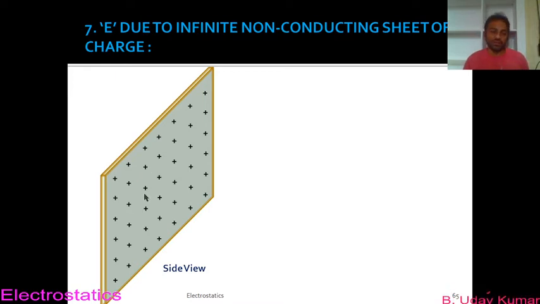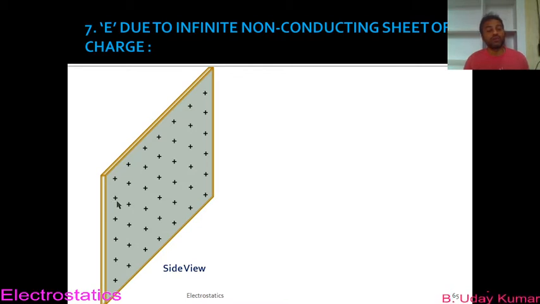So if the charge is uniformly distributed on this sheet, we call it a sheet of charge. Is that clear? And remember, its thickness is very, very small. That means you can almost neglect its thickness here, infinitesimal. Its thickness is very, very small and can be neglected.